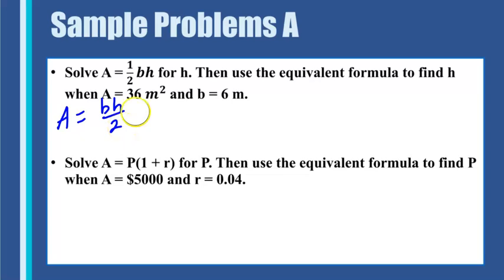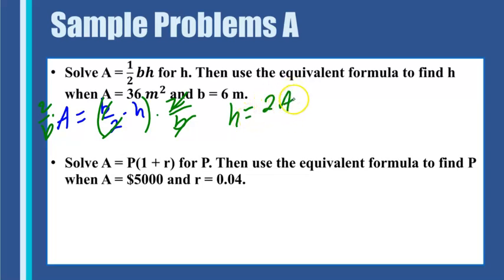The opposite of multiplying by b over 2 is divide by b over 2, which really means I'm going to be multiplying this by 2 over b, the reciprocal. That means the height is going to be 2 times the area divided by the base.